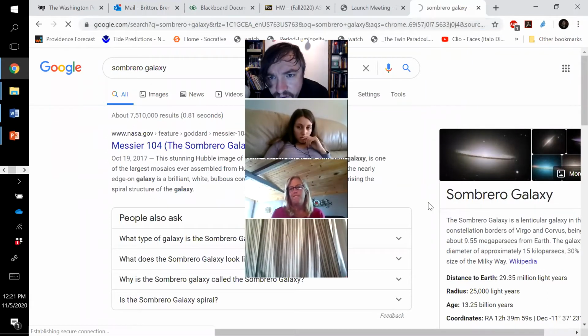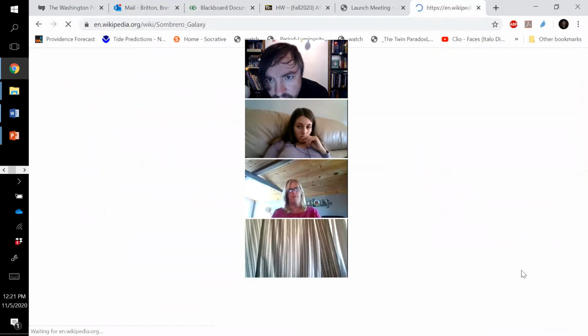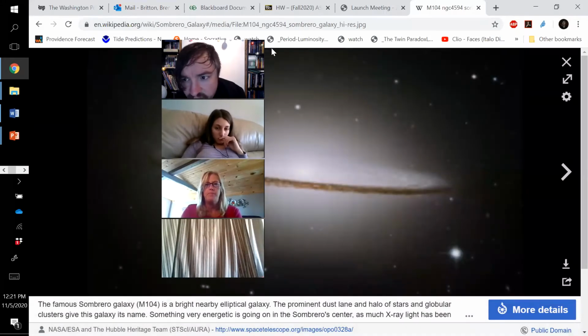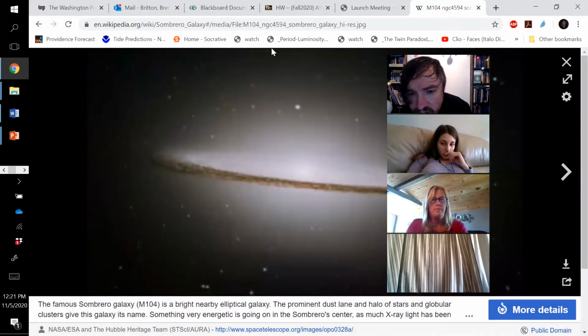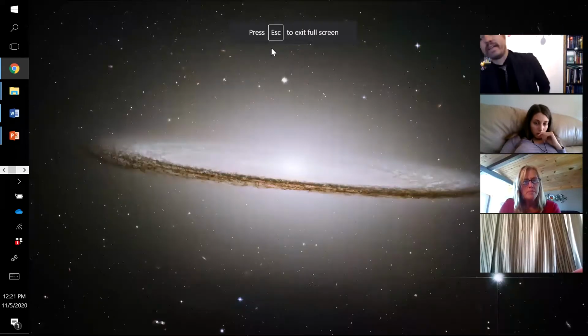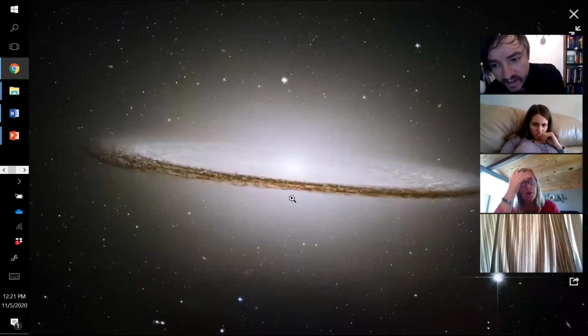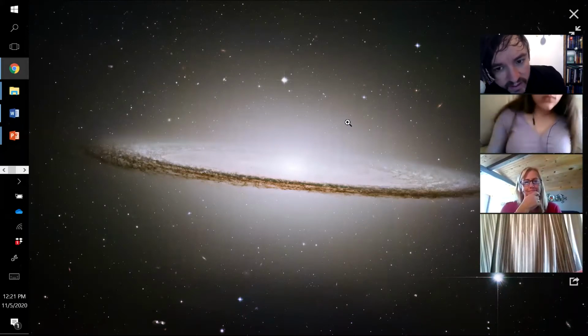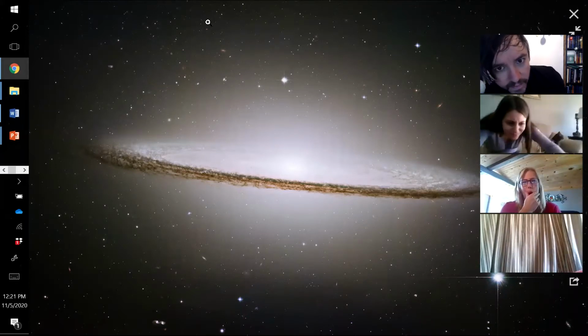There's an iconic photograph of this galaxy. This is a real picture. This is not space art. This is an actual photograph of a galaxy. It's known as the Sombrero Galaxy because, well, it looks kind of like a sombrero.